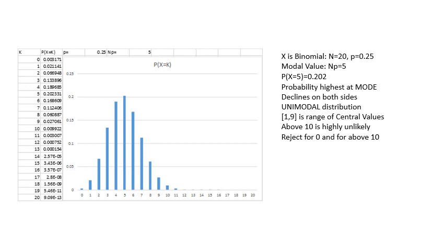Also, Excel has produced a graph of these, and we can see that at x equals 5, the probability is 0.202331, and on the graph, this is the highest bar. So the probability is highest at the modal value, and it declines on both sides. This is called a unimodal distribution.